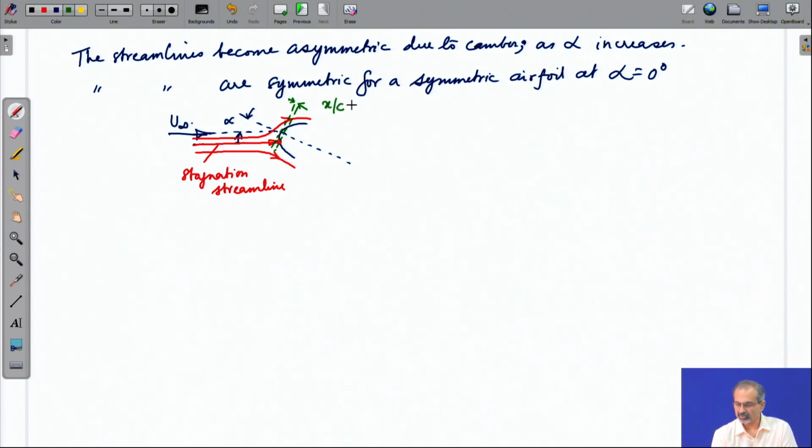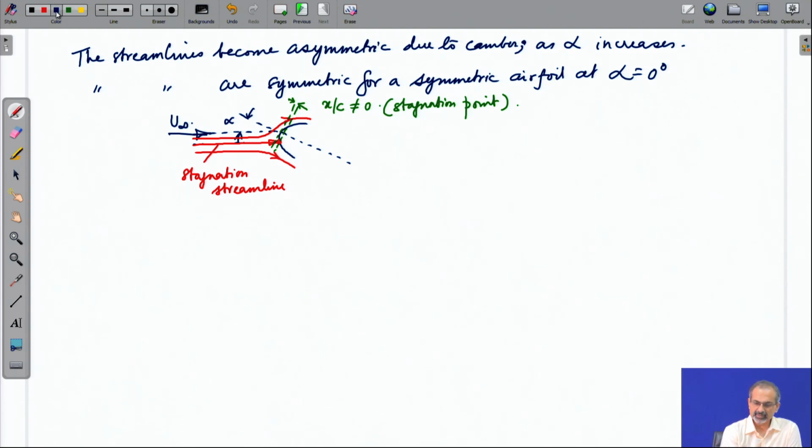So, this is not going to be x by c equal to 0 for the stagnation point. So, that is as far as the pressure distribution and the nature of the flow is concerned for a symmetric and asymmetric airfoil at alpha equal to 0 and non-zero alphas.